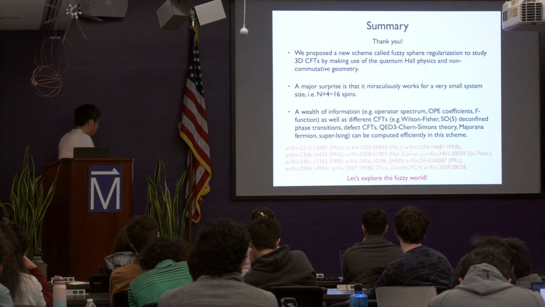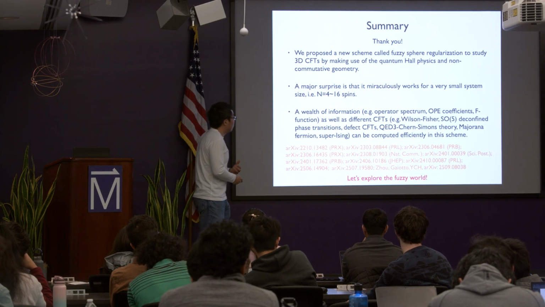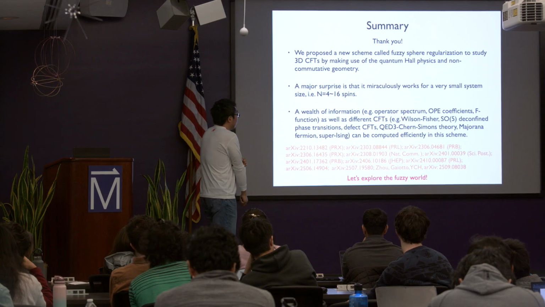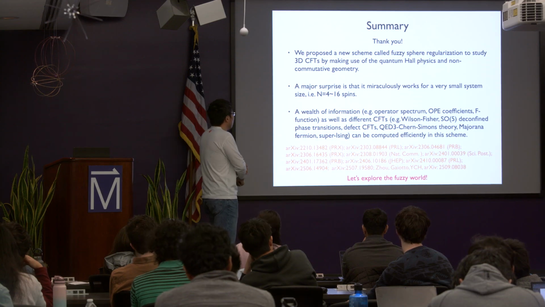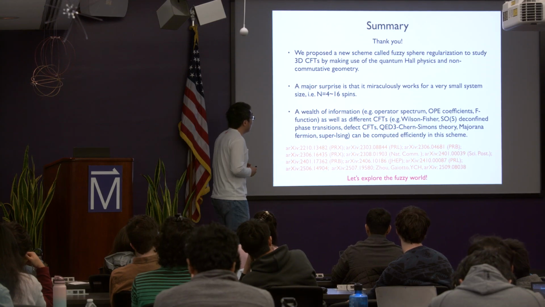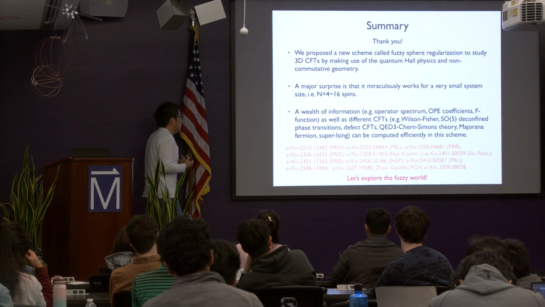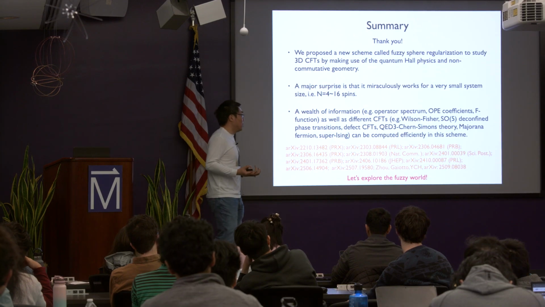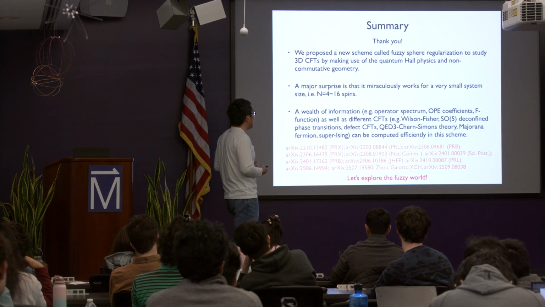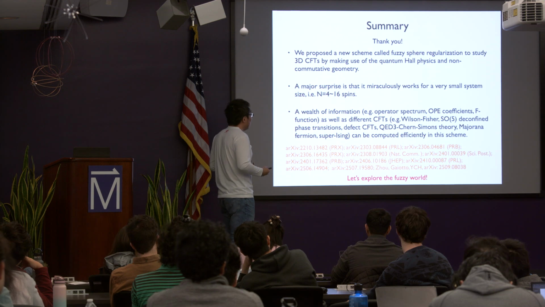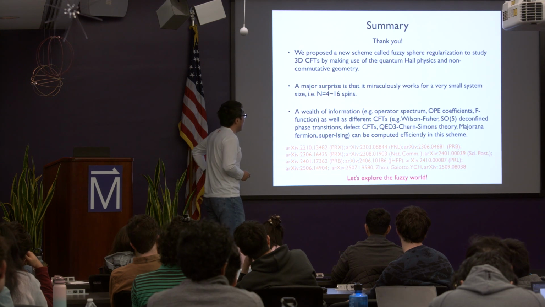Okay, so now let me summarize. We proposed this new scheme that we call fuzzy sphere regularization to study 3D CFTs. The basic idea is very familiar, right? We really just study quantum Hall physics and study phase transitions in it.